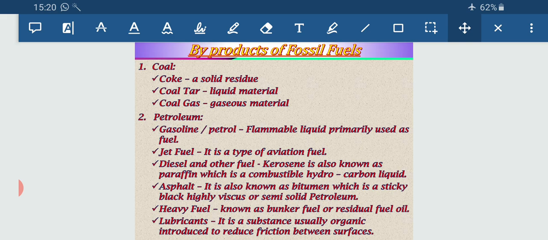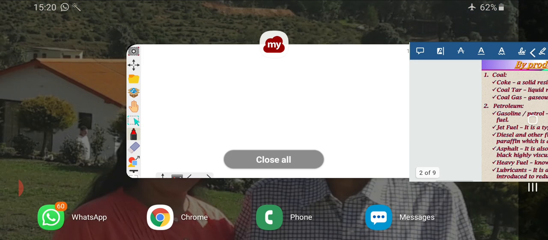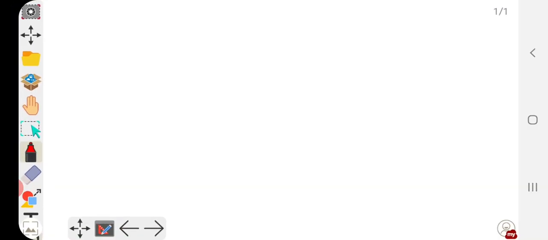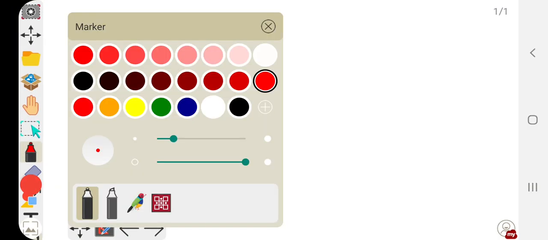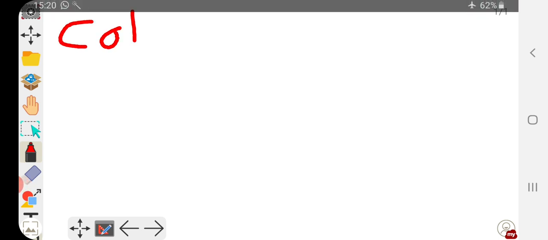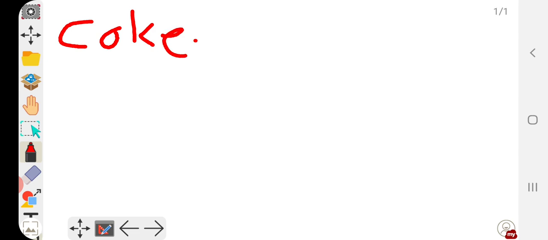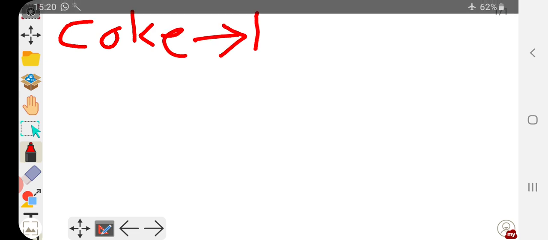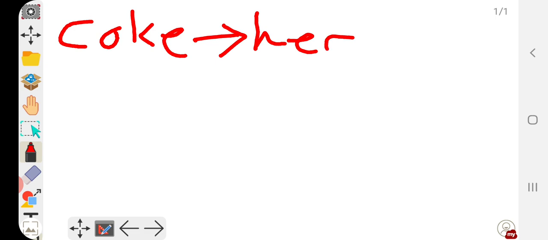Now, what is coal tar? Sorry, first of all, what is coke? Coke is actually formed when the coal is heated in the absence of air.